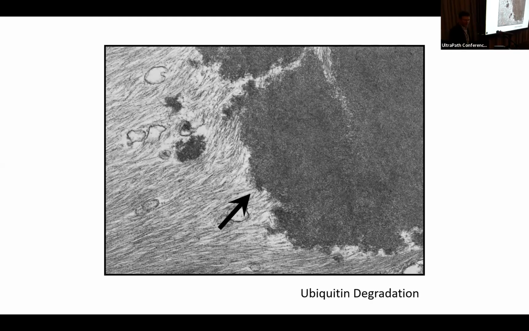The ubiquitin pathway is utilized, among other things, to recycle the intracellular filaments. And sometimes when this mechanism is overwhelmed by excessive substrate in the cytoplasm, these masses of partially degraded material can accumulate. And this here is a mass of partially degraded glial filaments in a brain astrocyte that's producing a structure that's referred to as a Rosenthal fiber.